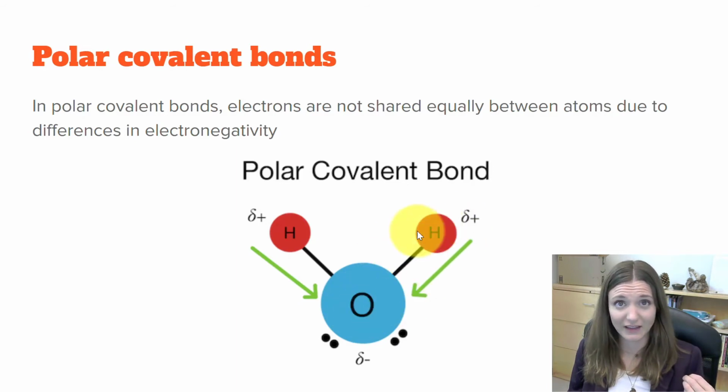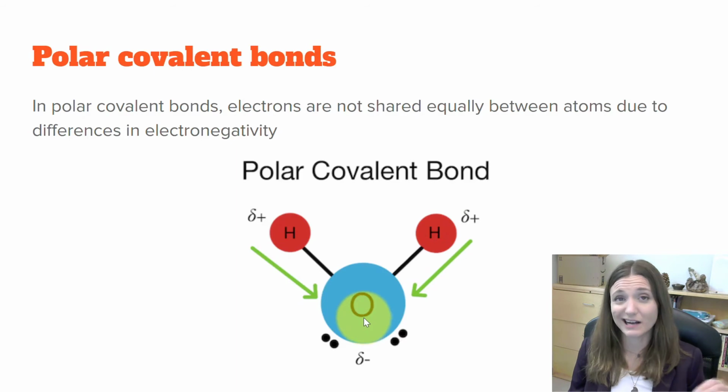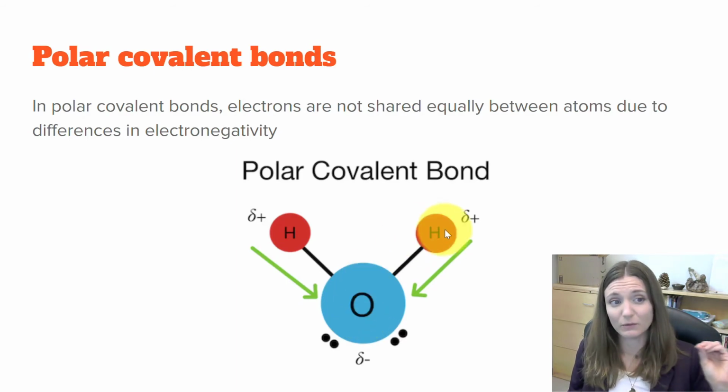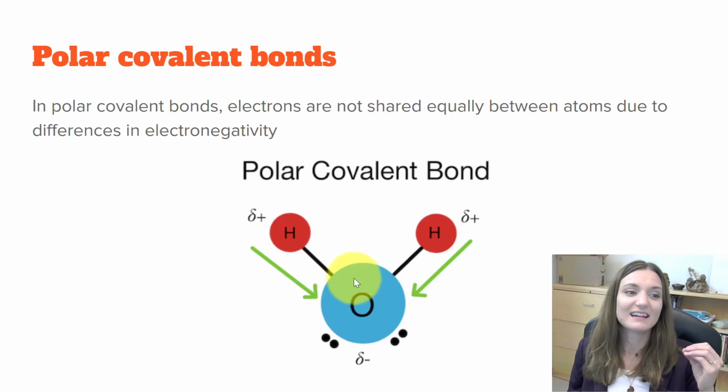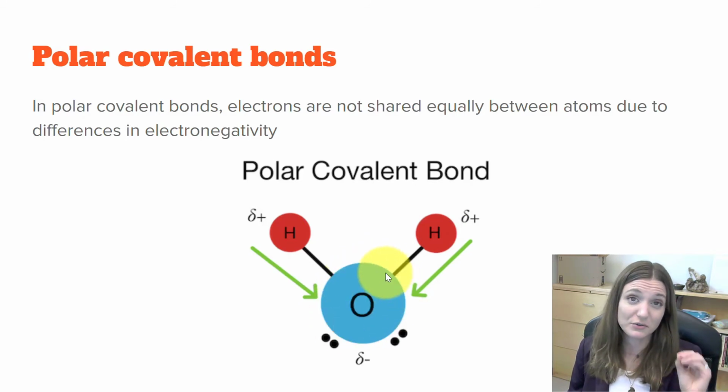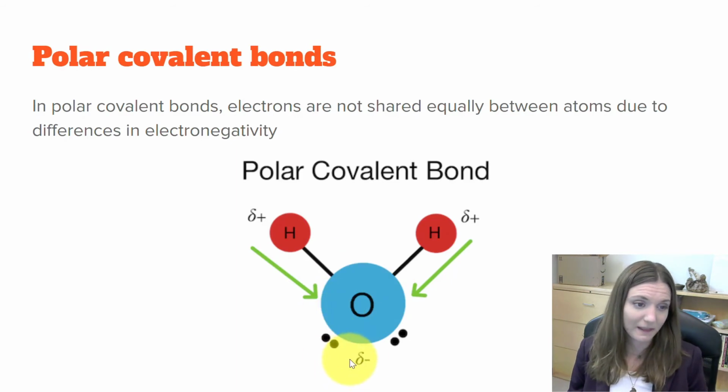the electrons that are being shared in that covalent bond with oxygen will tend to spend more time around oxygen than they will the less electronegative atom. Remember, electrons are negatively charged, so that means that in a polar covalent bond, due to the unequal sharing of electrons, one part of the molecule starts to get a slight negative charge. That's what's represented here by this lowercase delta, the Greek letter delta, delta negative.